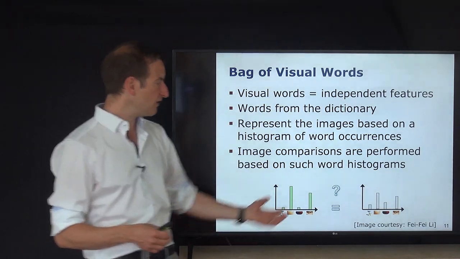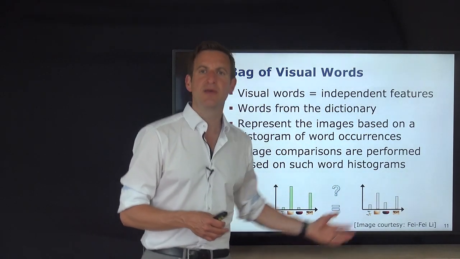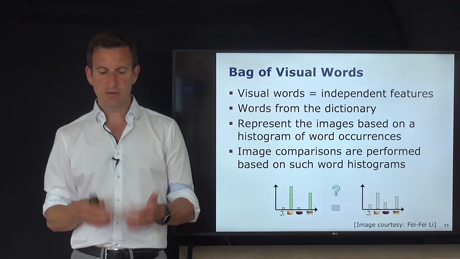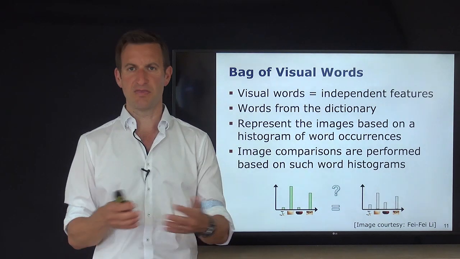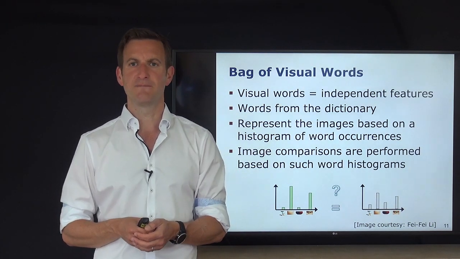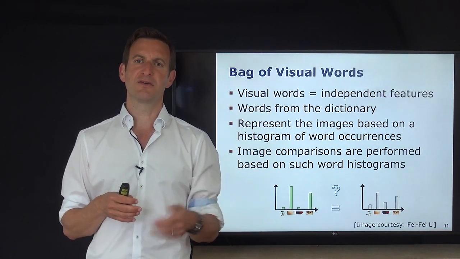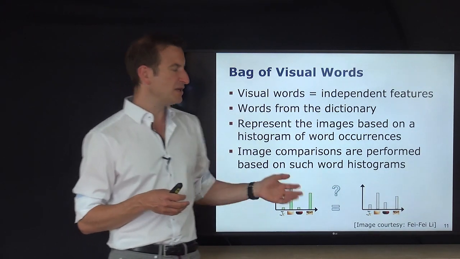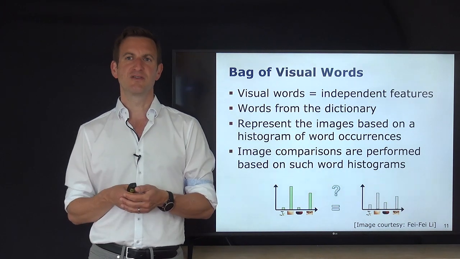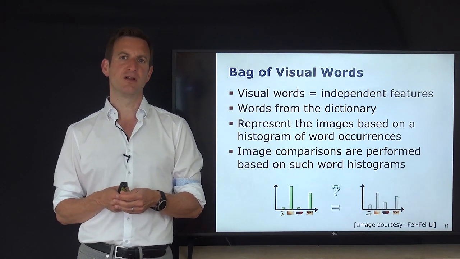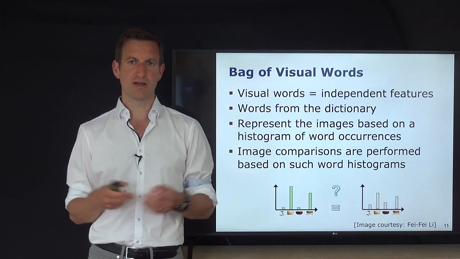And then you can say, yes, these images are probably similar because their distribution of visual words is similar. So that in the end, when querying for similar images in your database, you only need to compare those histograms. And that was a brief summary of how Bag of Visual Words operates.